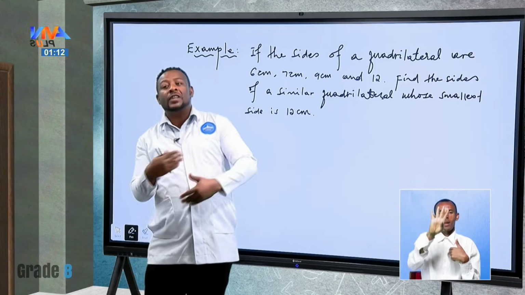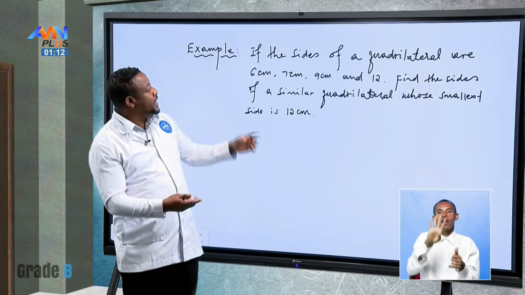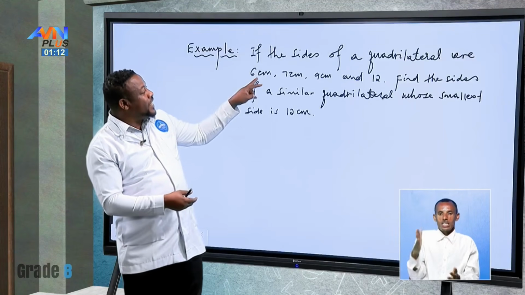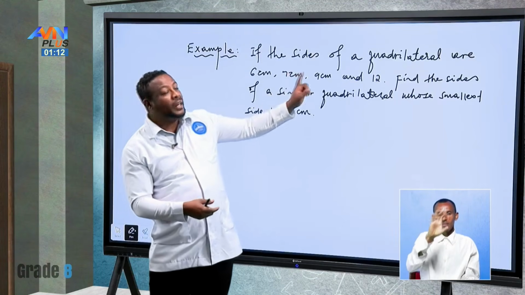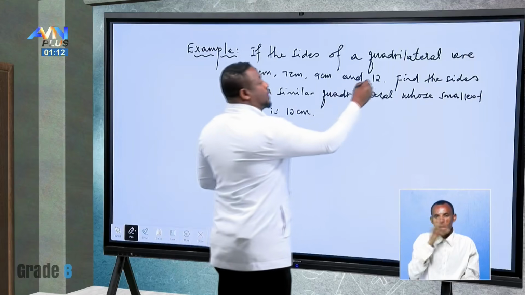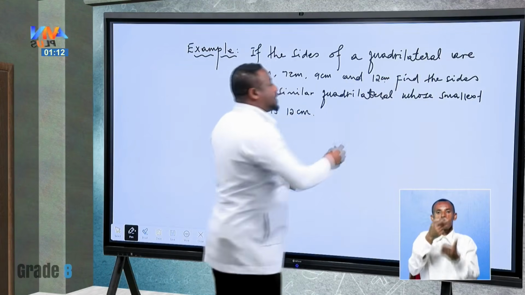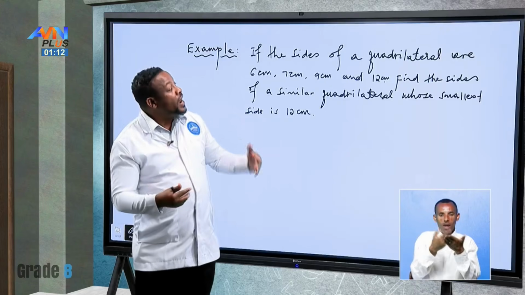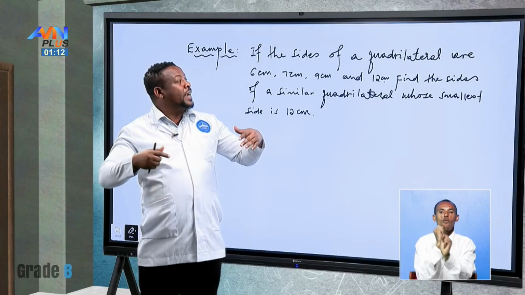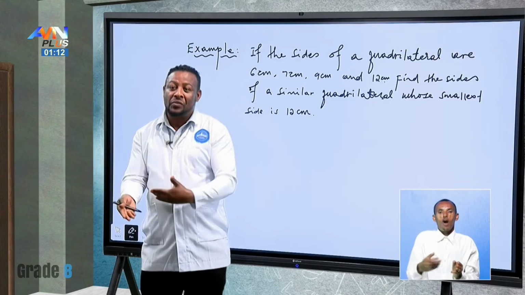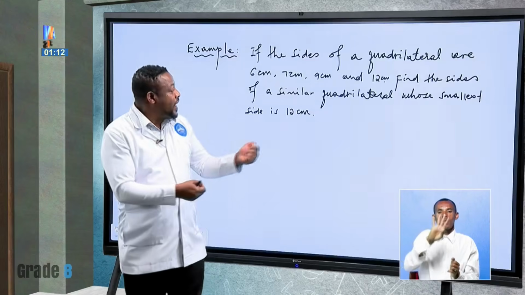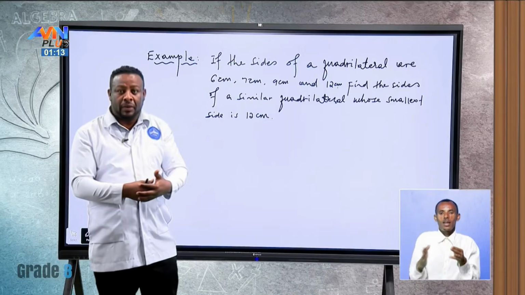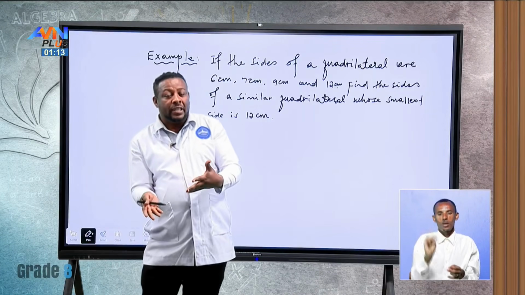Okay, the first quadrilateral contains sides 6 centimeter, 7, 9, and 12 centimeter. These are the sides of one of the quadrilaterals. Here we are asked to find the sides of another quadrilateral whose smallest side is 12 centimeter. So one of the sides is given.